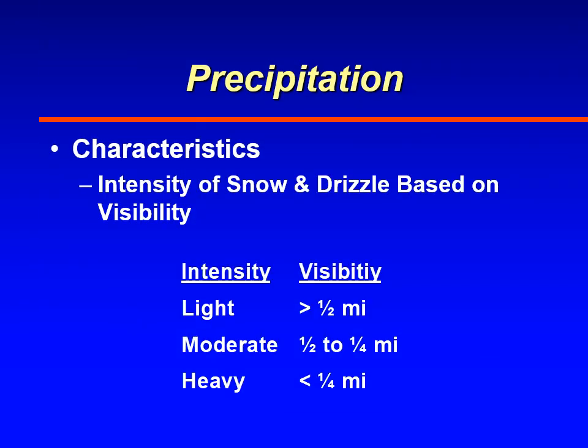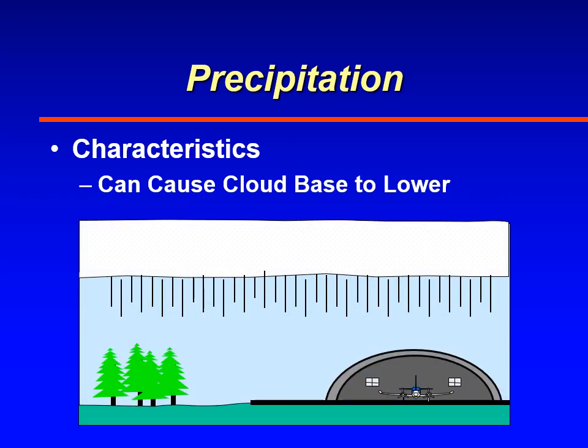And you know that the intensity of drizzle and also of snow is determined not by the intensity at which snow is coming down, but based on visibility. And of course, as precipitation occurs, cloud base will lower. That is the end of this PowerPoint on other obscuring weather phenomena.